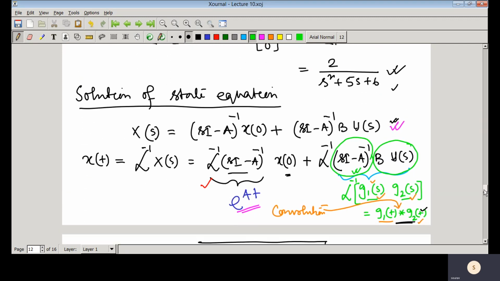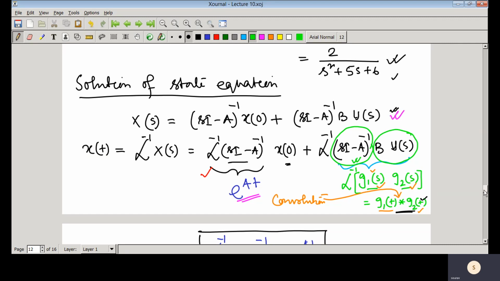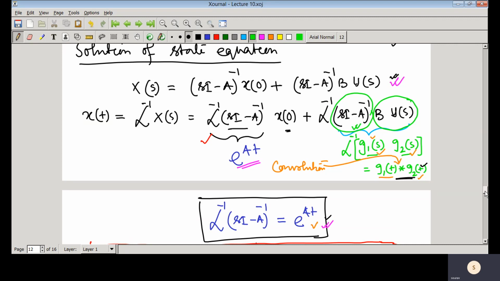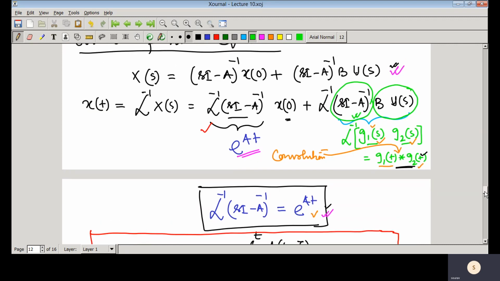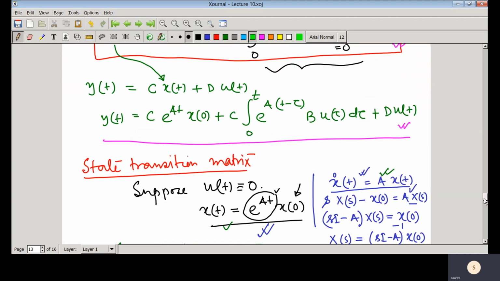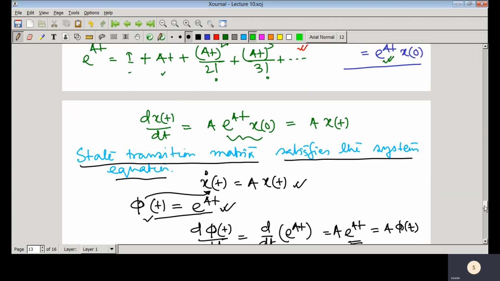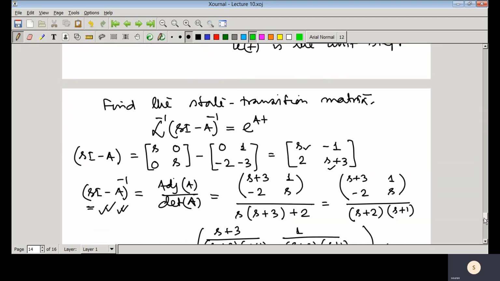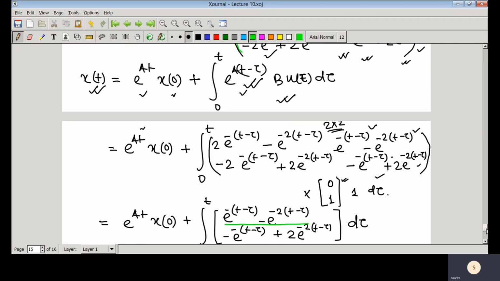This is the solution of the state equation, and we have defined what the state transition matrix is. We have also understood that the state transition matrix is an exponential matrix that satisfies the state equation, and we have seen how to calculate the state transition matrix from the state equation and how to get the solutions of state equations.